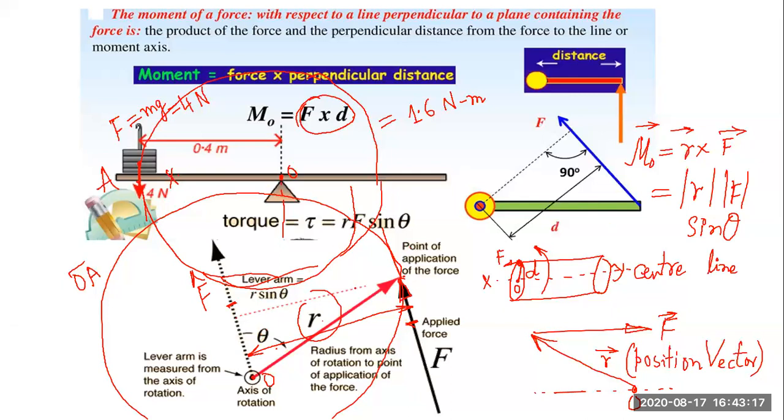If this is R, and we draw this line with angle theta, this length is R sine theta, and this length is R cos theta.